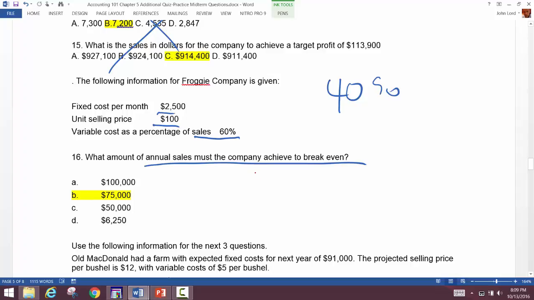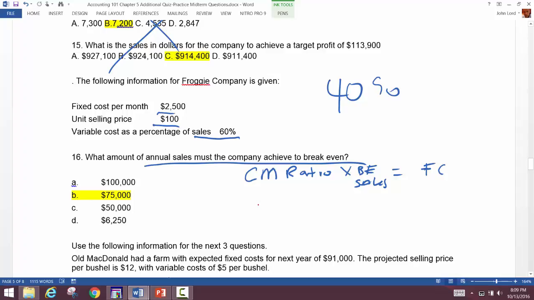Again, guys, set them up the same way every time. Contribution margin ratio times my break-even sales is going to equal my fixed expenses, fixed costs, whatever, right? Okay.